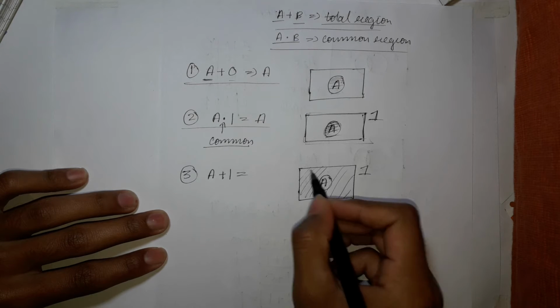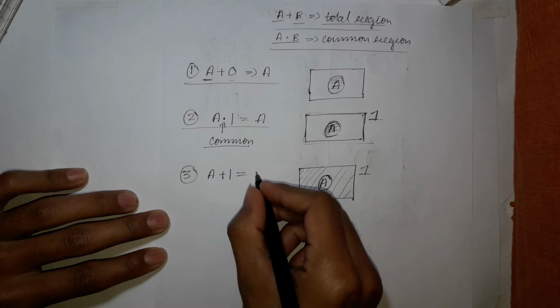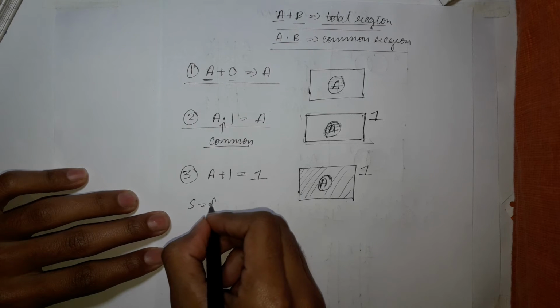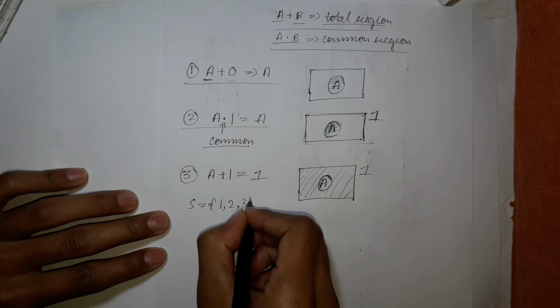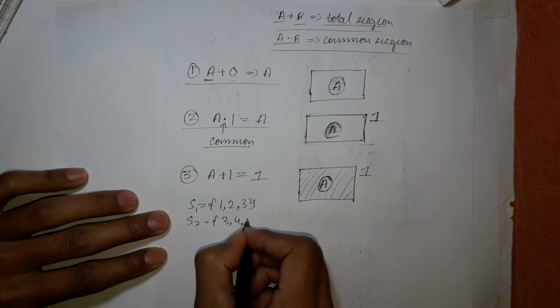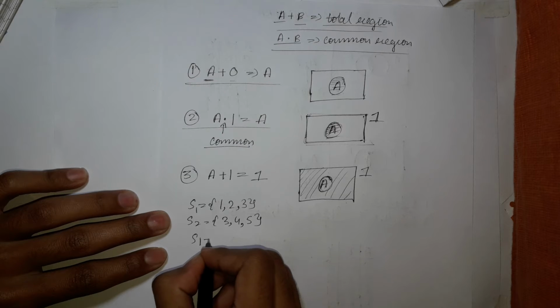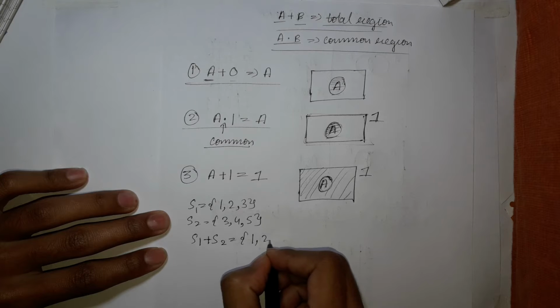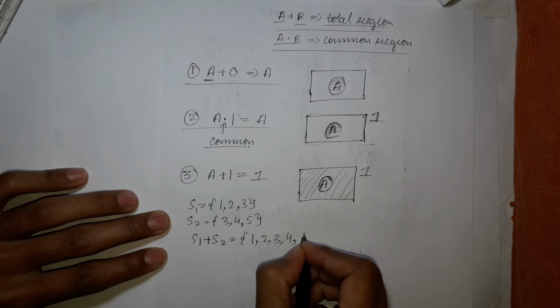Okay guys, as you can see, I told you in the previous example, our set 1 is 1, 2, 3 and set 2 is 3, 4, 5. So if I write S1 or S2, the output will be 1, 2, 3, 4 and 5.